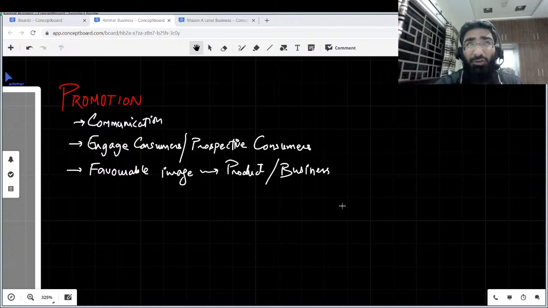Maggi or Knorr, one of the noodles companies in India, they had to recall all their products. I think they were using some plastic material in their noodles. I don't remember.